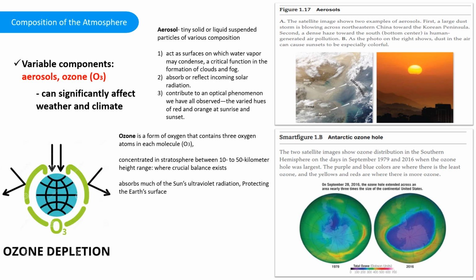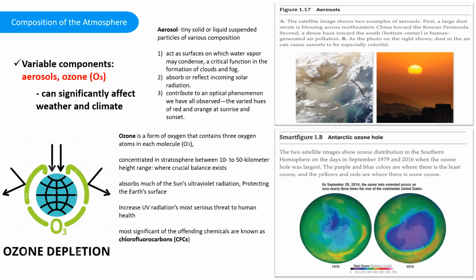However, there is what we call ozone depletion, as you can see also in the picture, that there is a hole in the ozone. So this ozone depletion increased UV radiation, the most serious threat to human health. And this is because of chlorofluorocarbons.